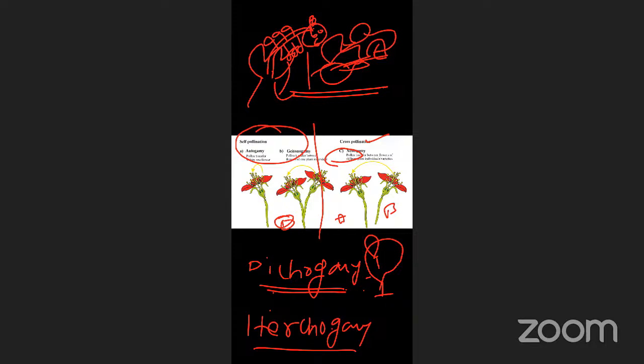Okay, where are the pollen grains deposited during pollination? That means after transfer from one place to another place, where are the pollen grains deposited? On the other flower, right, exactly. But where in the other flower? Stigma. Right. So let me ask a simple question. For example, hibiscus plants are there.